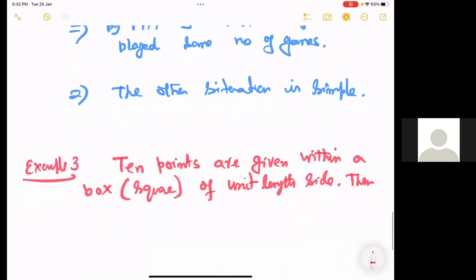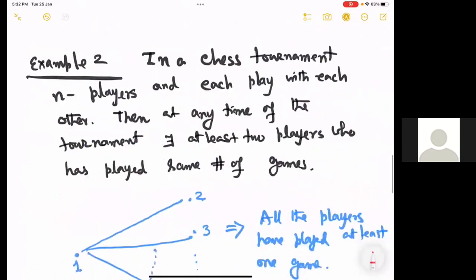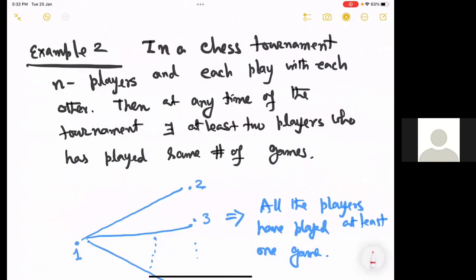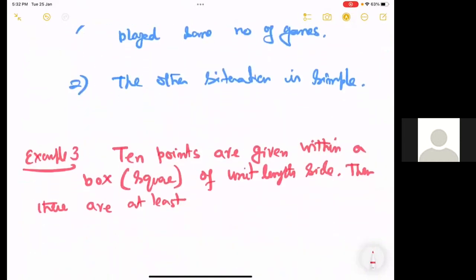Then there are at least... So see, the first one was from numbers, and the second example is from some kind of real life situation, right? The third example you can think of as from geometry.